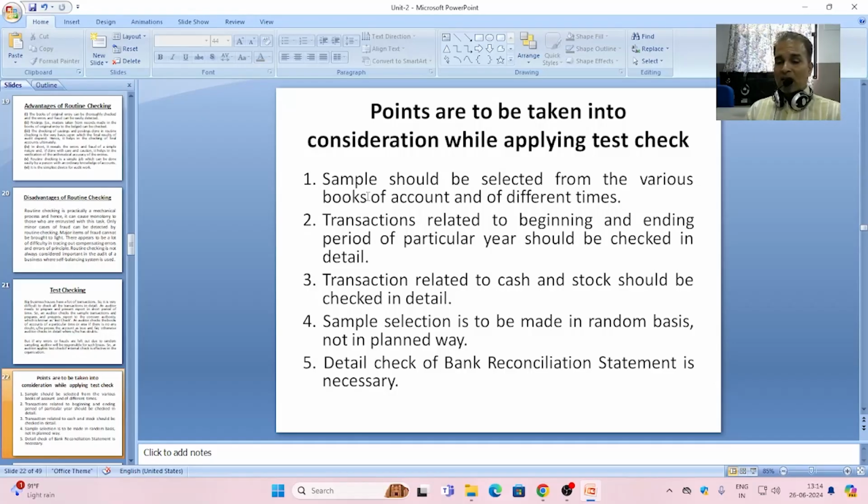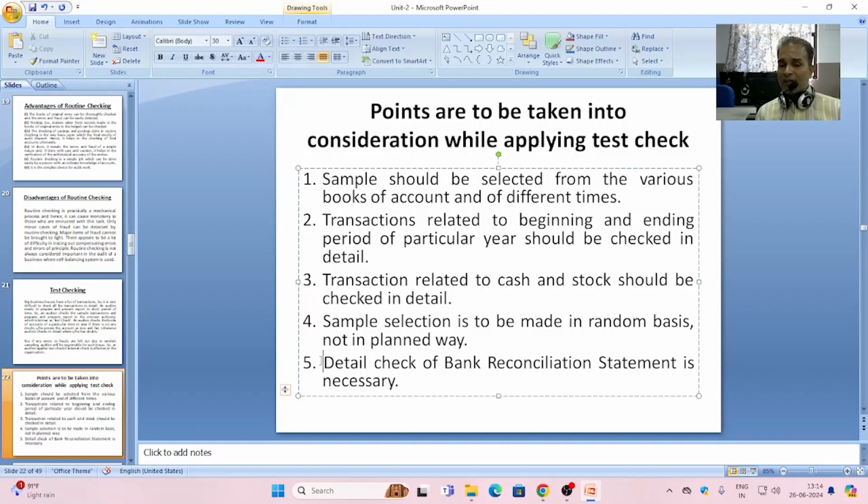Third, transactions related to cash and stock should be checked in detail. The auditor will always suggest avoiding test checking in case of cash and stock transactions. Fourth, sample selection is to be made on a random basis, not in a planned way, because random sampling is more reliable in comparison to a planned way of sampling.